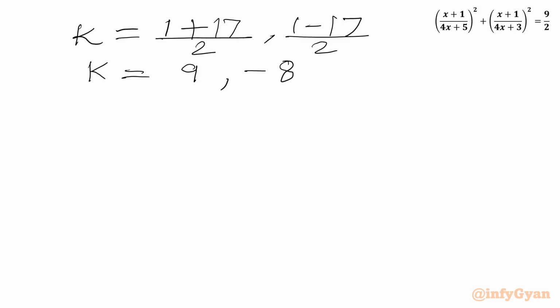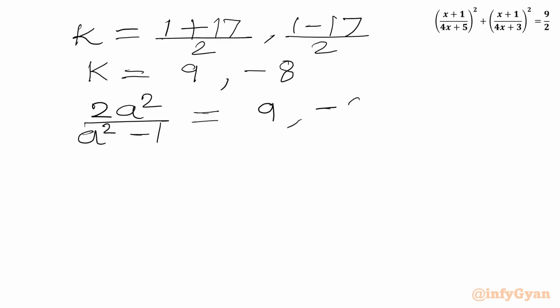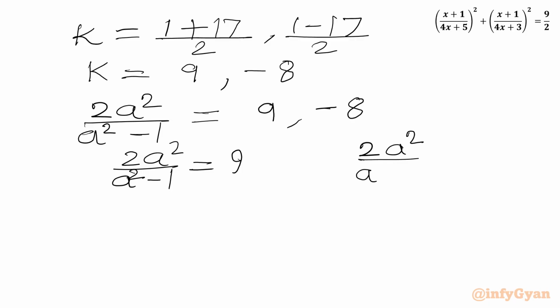So I can write here 2a² over a² − 1 equal to 9 and −8. Let us consider 2a² over a² − 1 equal to 9 here, and 2a² over a² − 1 equal to −8 here.